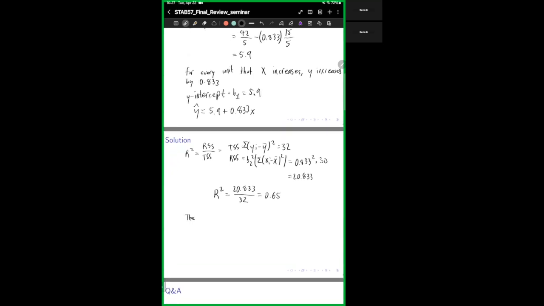the regression model explains 65.1% of the total variance.